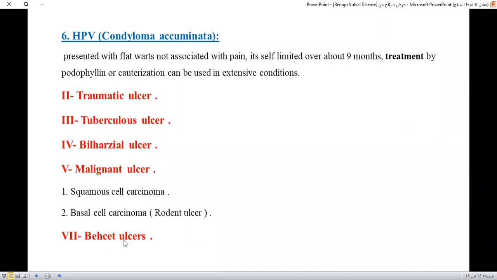False. Herpes. Only herpes genitalis interferes with urinary retention. Recurrent rate of vulval ulcer due to herpes genitalis is 50%. True. 50% have a recurrent rate. Yes.